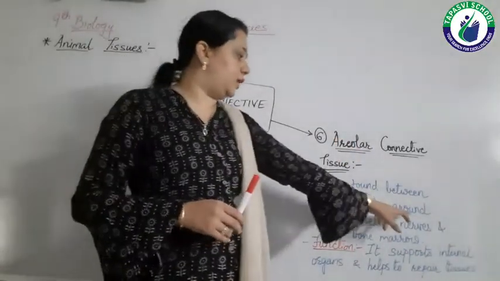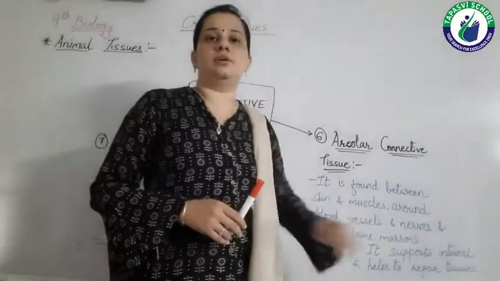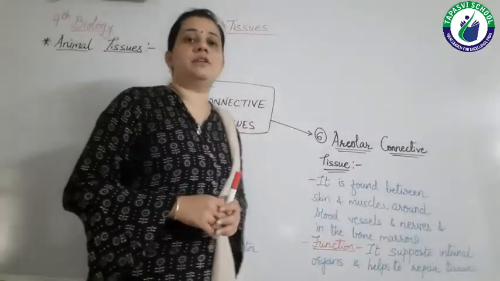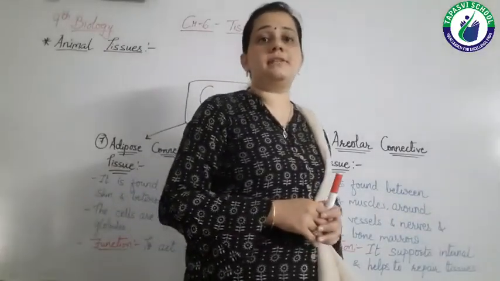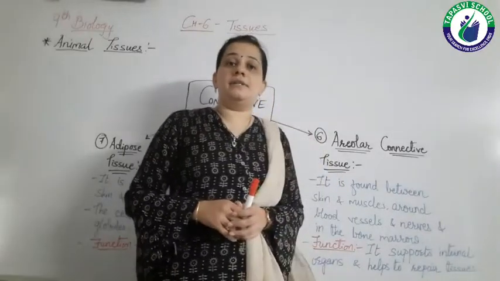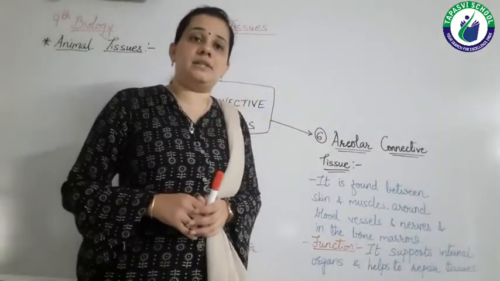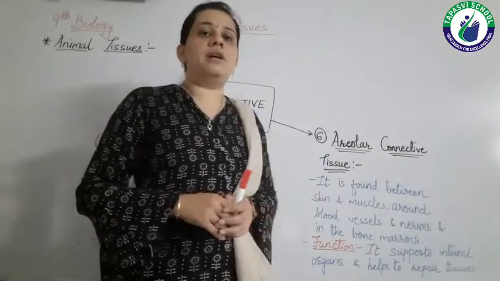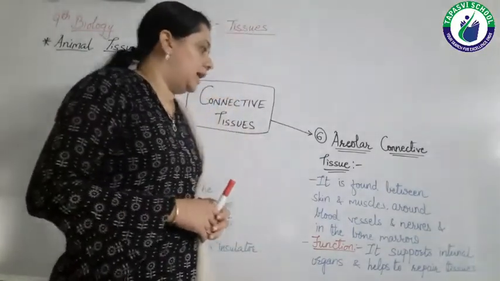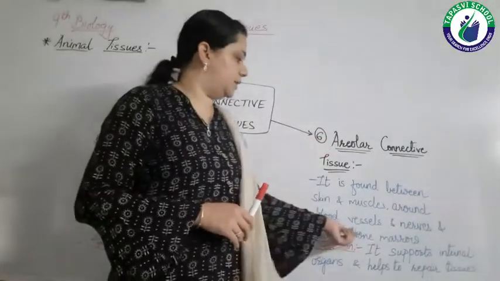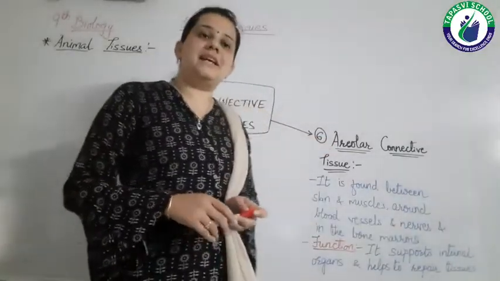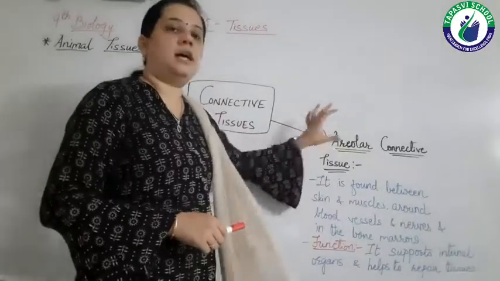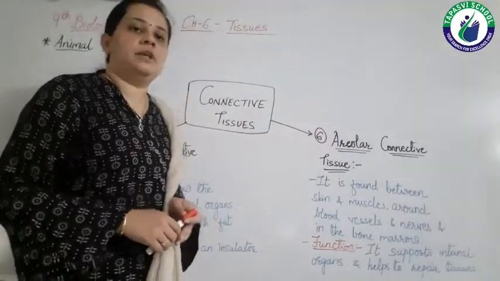They are also found around the blood vessels and nerves. We know that there are different blood vessels, that is the arteries, capillaries and veins. So they are present around the blood vessels and nerves, and they are also present in the bone marrow. Inside the bone marrow we can find areolar connective tissue.